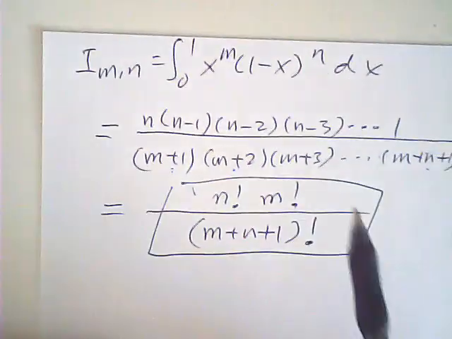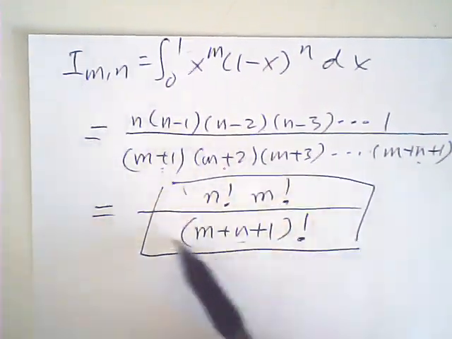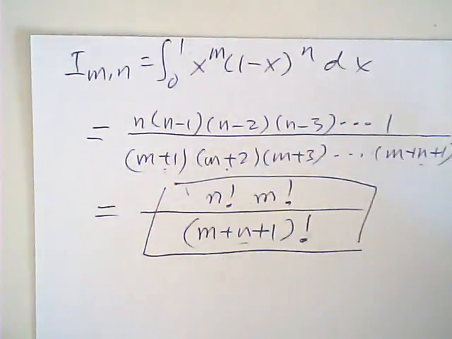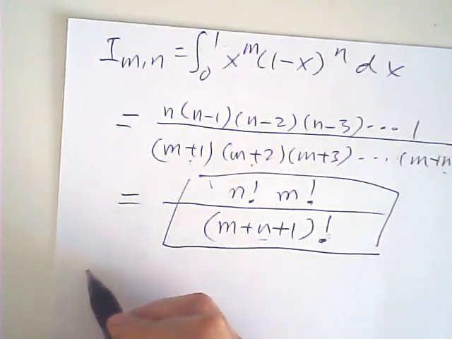So that is the reduction formula for this integral. Well, it's fantastic. In other words, this integral can be done by this calculation. This is my reduction formula. Let's have two examples.